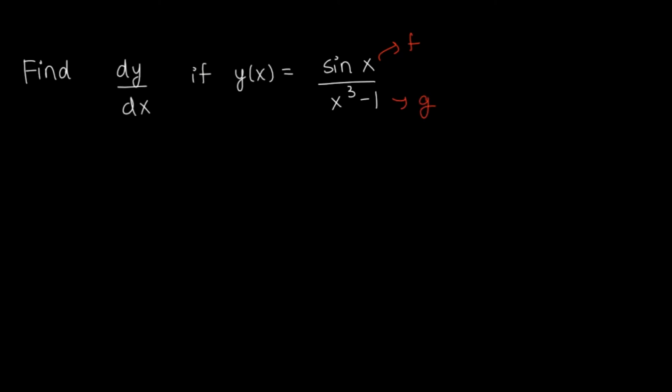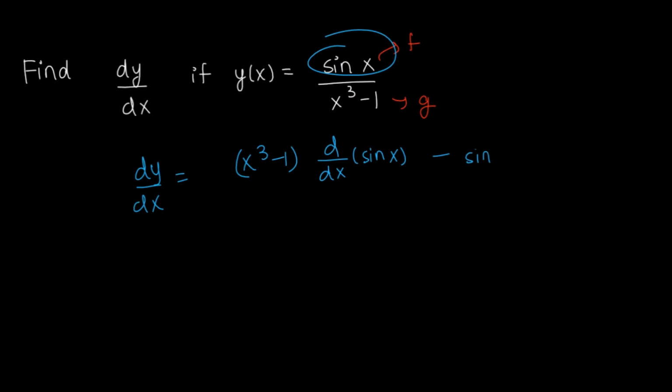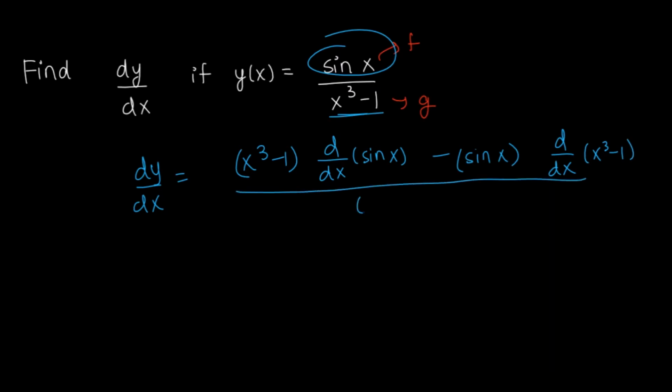And then dy over dx is equal to, first you write g, so x cubed minus 1, times the derivative of sine of x, minus, then you write f, so sine of x, times the derivative of g, so d over dx of x cubed minus 1, all of this being divided by g squared, so x cubed minus 1 squared. And this, we can just simplify further.